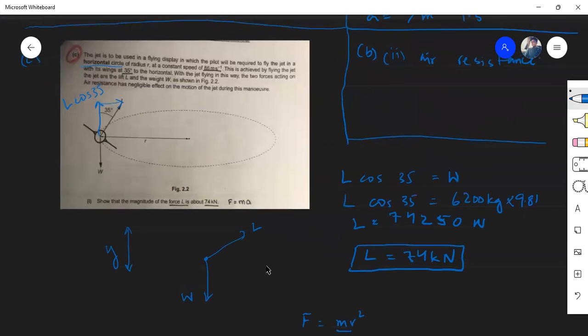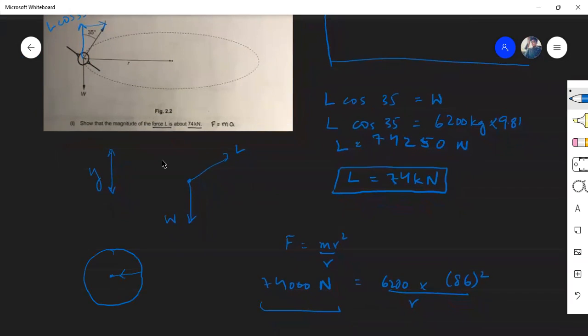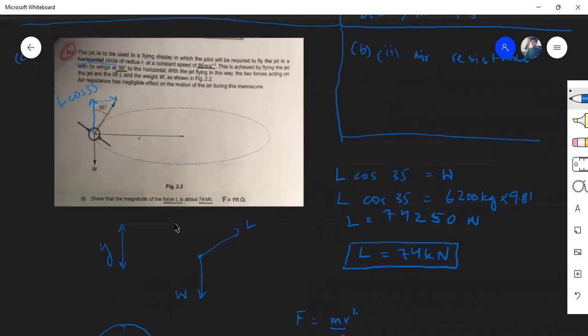So we discussed the force that causes the circular motion. If an object is moving in a circle like this, and this is the center, then the force that causes the circular motion is only the force acting towards the center of the circle.